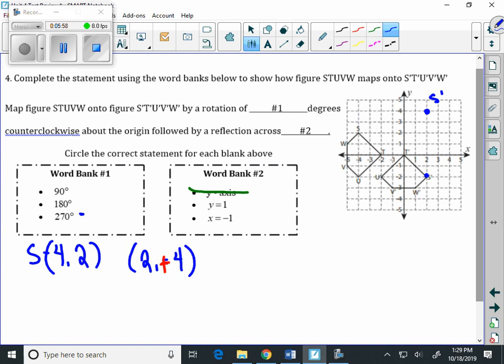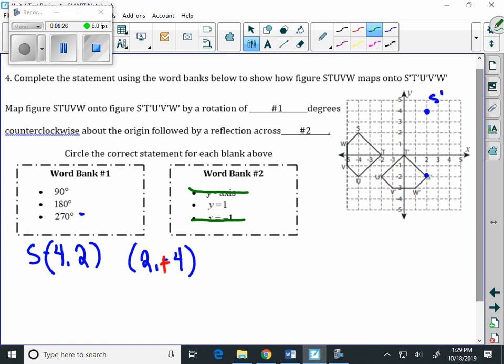The thing about x equals negative 1 is that it crosses the x-axis. So x equals negative 1 is this. If we reflected this graph across, our S would end up here, and that's definitely not the direction we're going. So I also don't think that it's x equals negative 1.